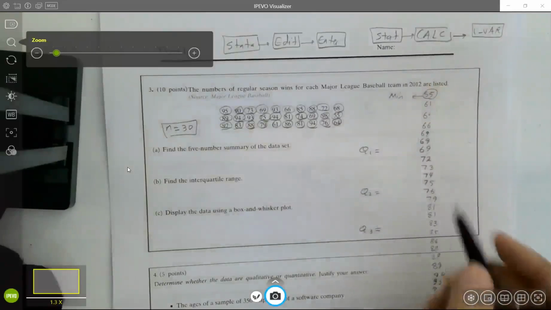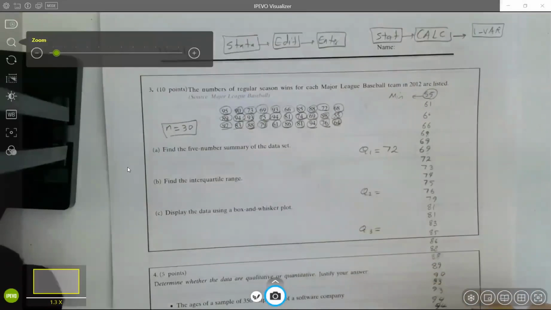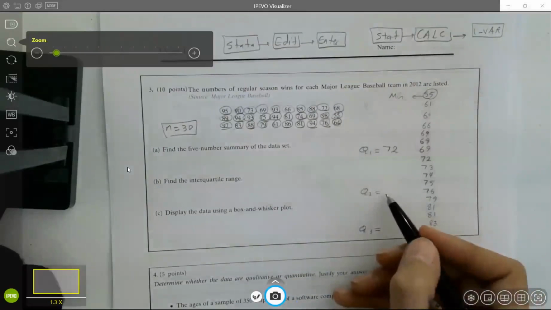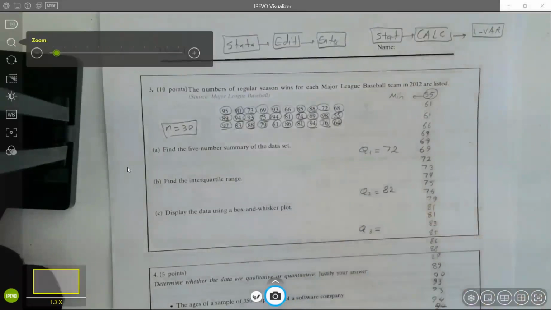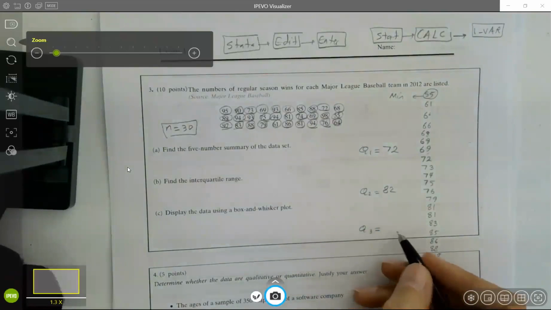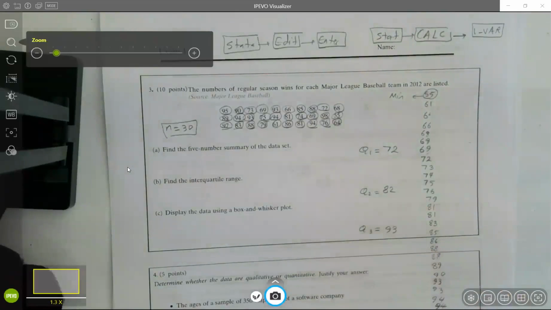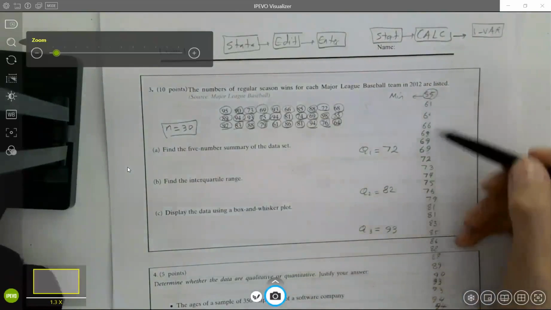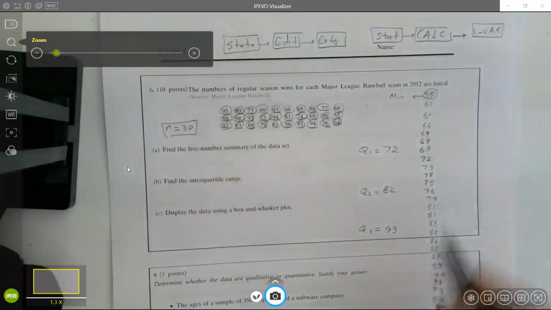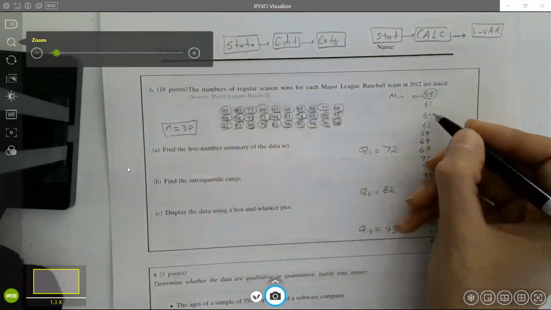So by calculation, Q1 must be 72. You can actually count it here. Q2 is 82. And Q3 is equal to 93. So take a look at this. You have 30 data here.